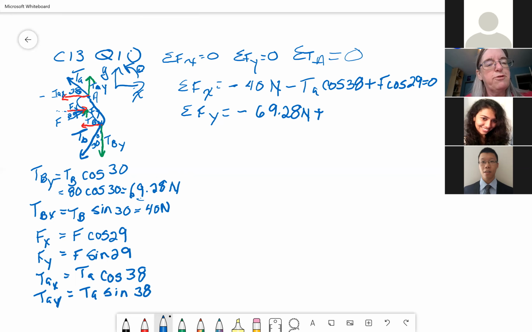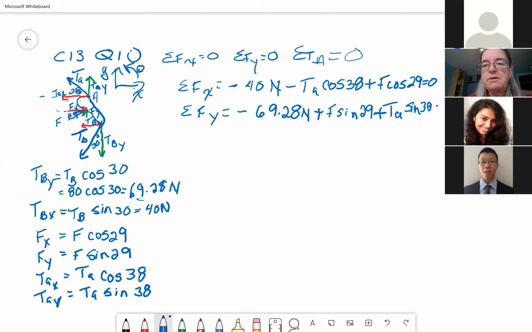Plus, because the F force is pushing up, F sine 29, plus, and again, TA is also pushing up, TA sine 38.